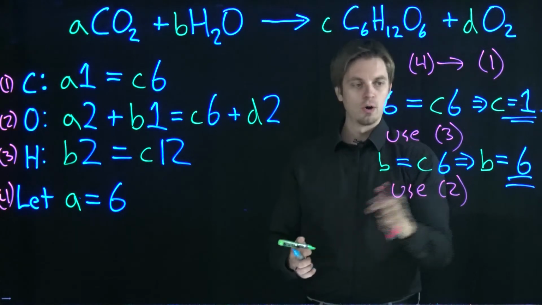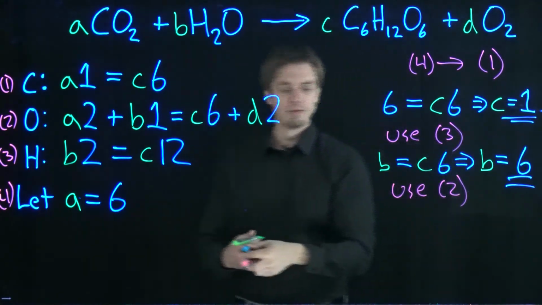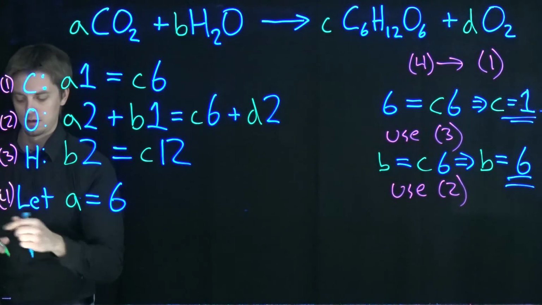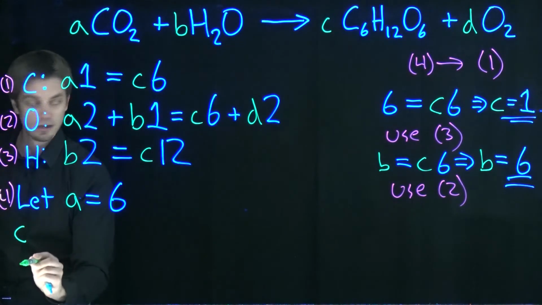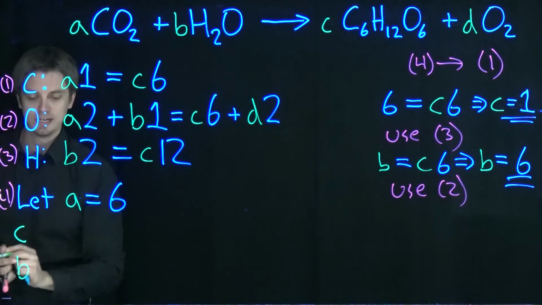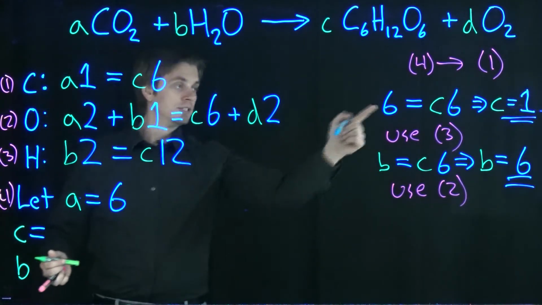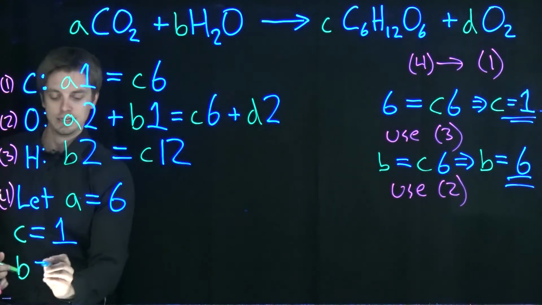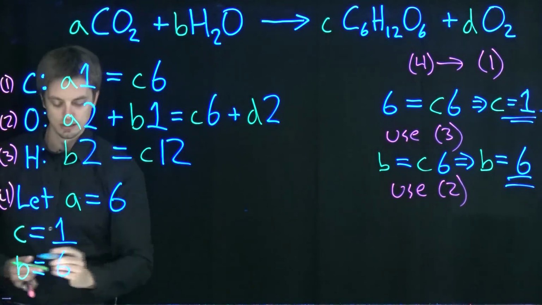So I'm going to go ahead and take these values that I have over here. We've already solved for C, and we've got our value of B. So we'll record these. C, remember, is 1, and B here is going to be 6.